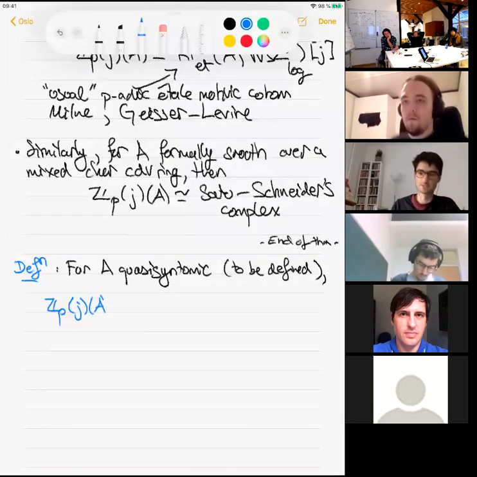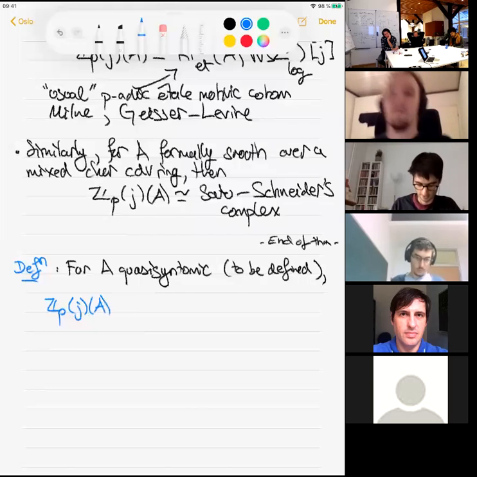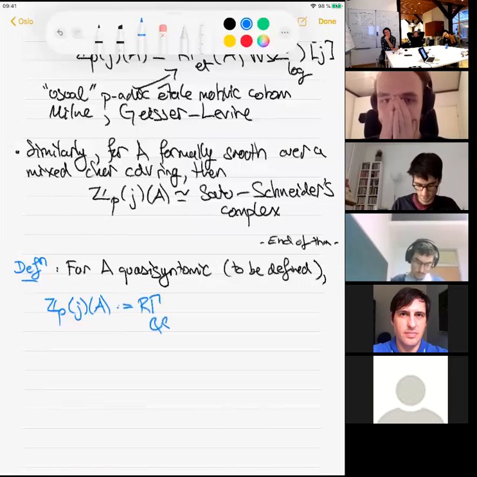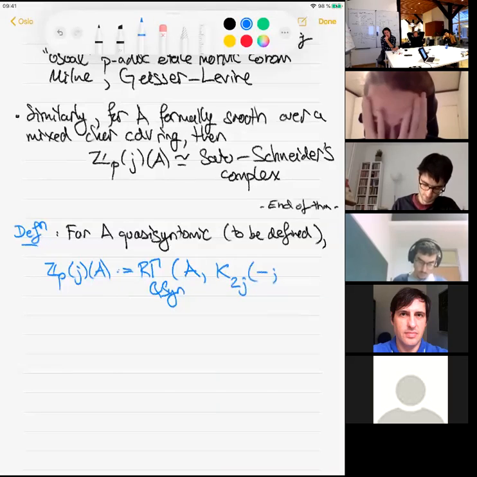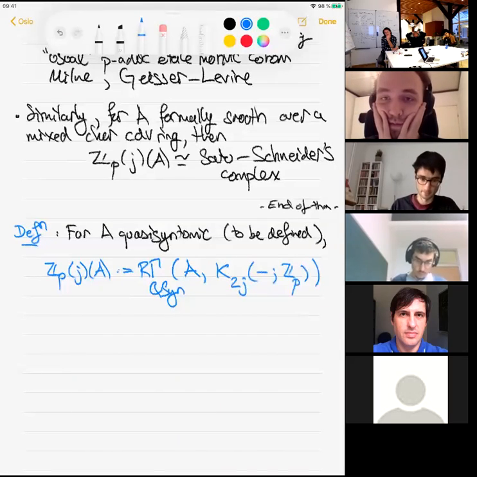We'll define its p-adic motivic cohomology as cohomology on Spec A, with coefficients in the sheafification of a K-theory sheaf.